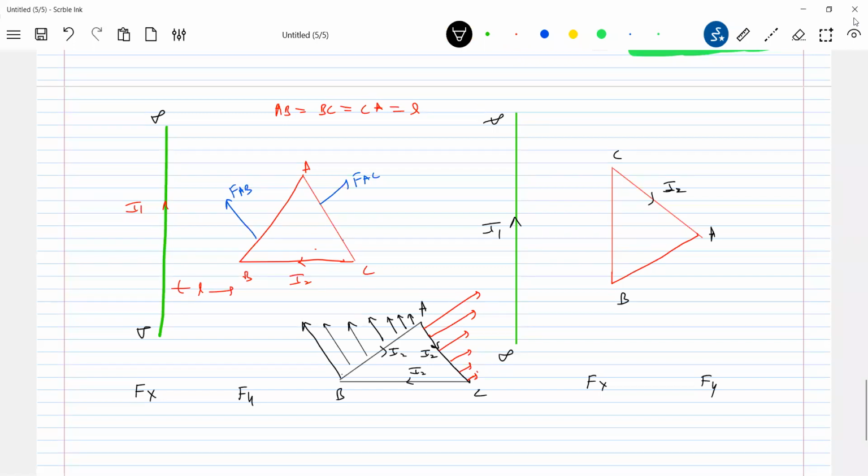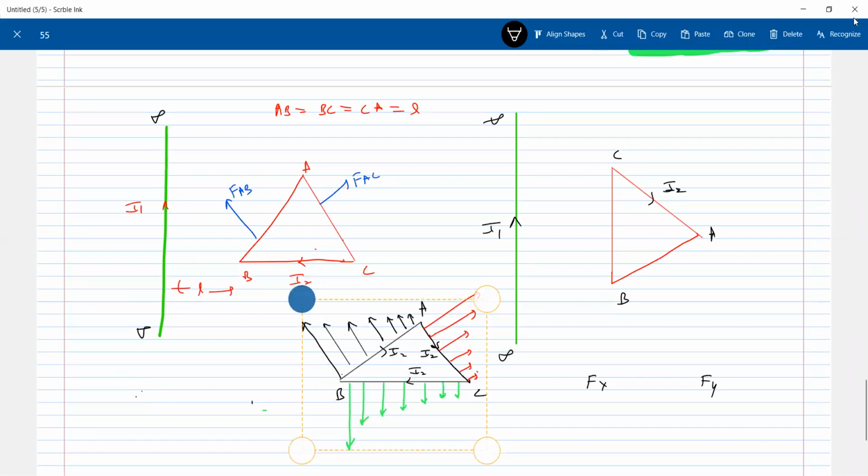So on the wire BC, I should show the force more here. So this is what happens. These are the forces that are acting on the loop ABC. Now with the help of this diagram, you are supposed to analyze here.